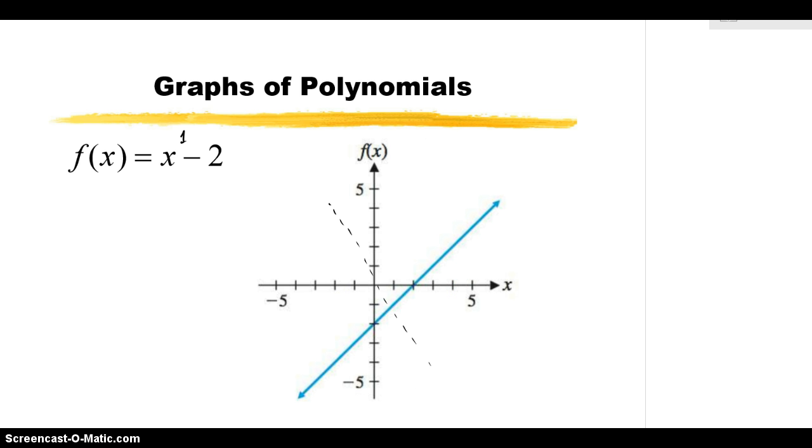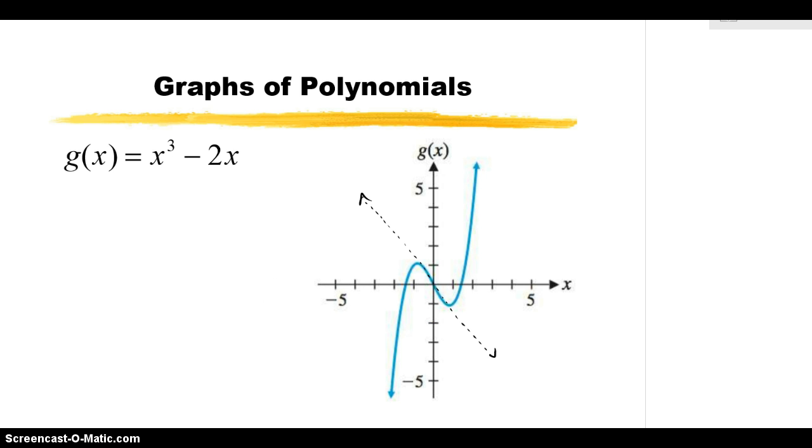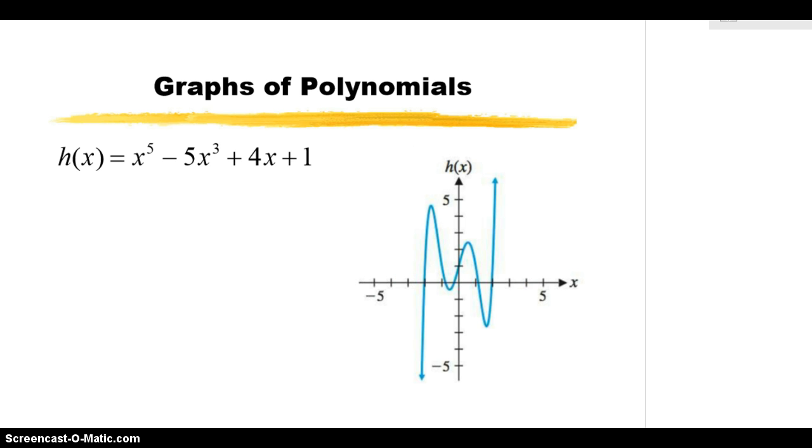So these are odd because the powers of x are odd only, 3 and 1 in this case, 1 in the previous case. Notice the power was 1, 1 x-intercept. The power here was 3, we had 3 x-intercepts. When I say power is 3, I really mean the degree is 3. Okay, how about this one? x to the fifth minus 5x cubed plus 4x plus 1 seems to be odd again, right? Only odd powers of x.